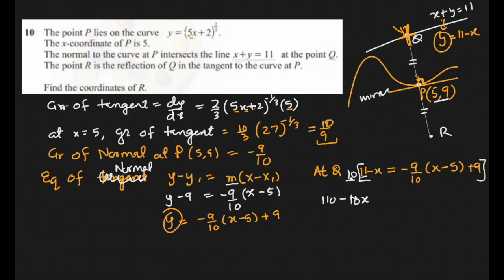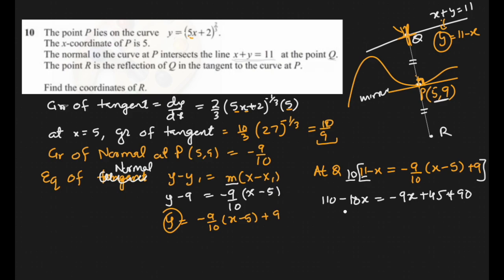So we can multiply by the same number the whole equation. 10 times minus 9 over 10 will be, 10 and 10 cancel, minus 9. And minus 9 times x, only this 10 will cancel, okay? Rest everything is multiplying, they will remain. Minus 9 times minus 5, positive 45. And 10 times 9 will be 90. It is not part of 9 over 10 x minus 5. 9 is not part of it. So 9 will be multiplied separately.